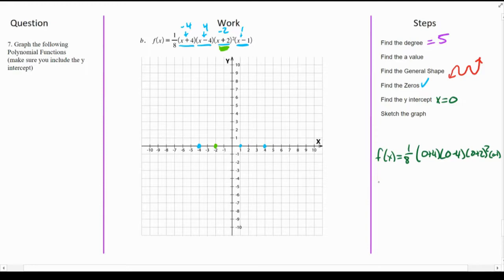If I simplify everything inside the parentheses, I get 1/8 times 4 times -4 times 2 squared and times -1.